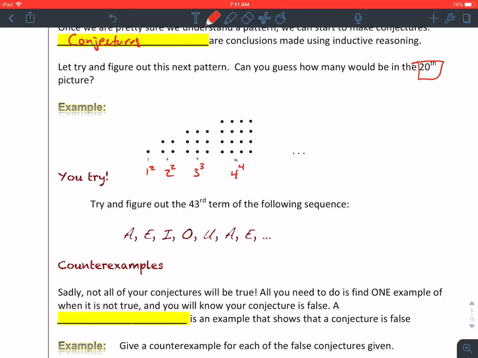So whatever term you're on, you square it, and I'm sorry, I wrote 3 cubed and 4 to the 4th, I meant squared. So when we want to find the 20th term, we just have to square it. So that's going to be 400. We don't need to draw that because that would take quite a lot of time.